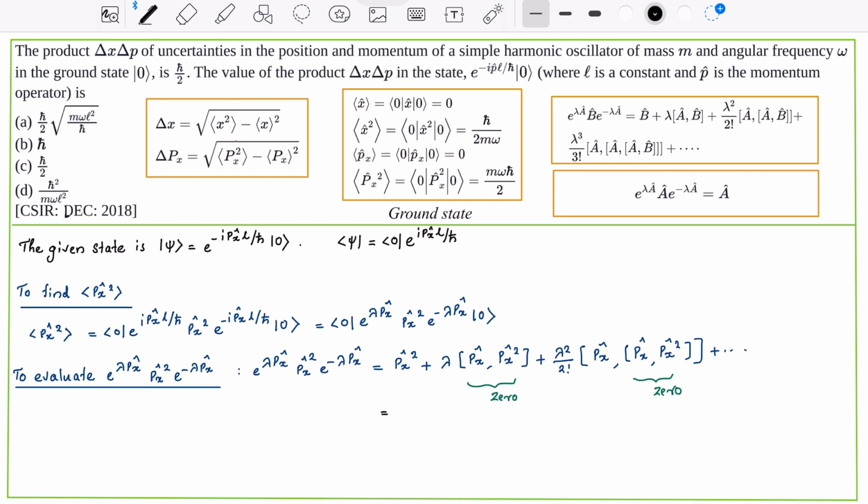Therefore, our answer is px square. Now let us find out the value of the expectation value of px square.